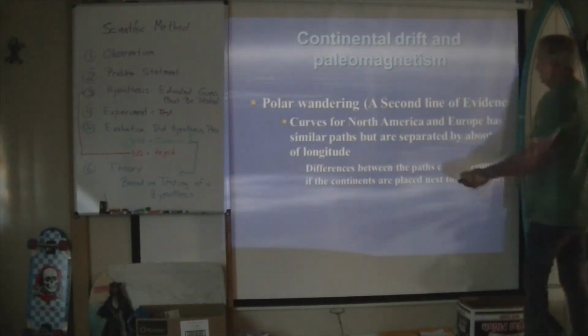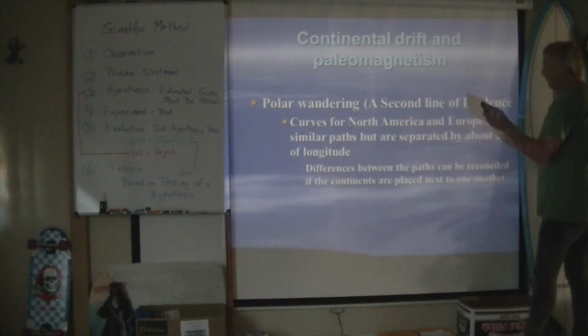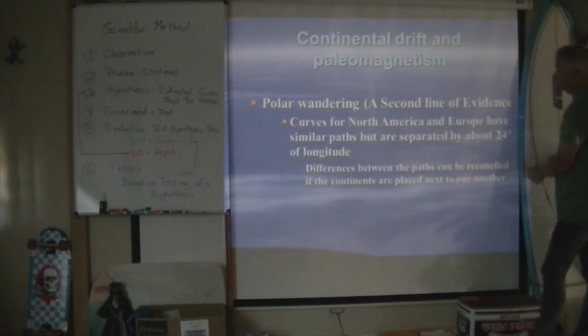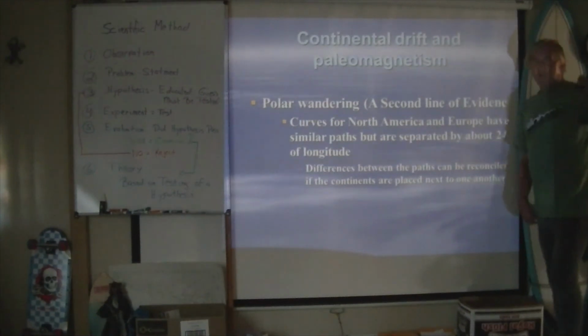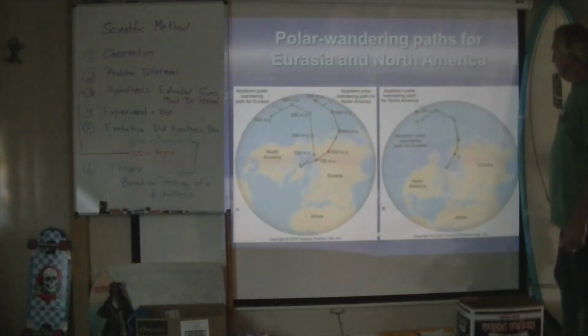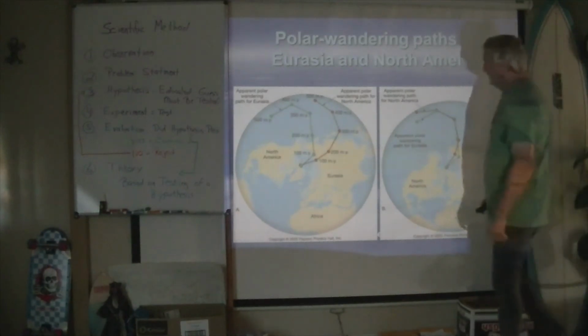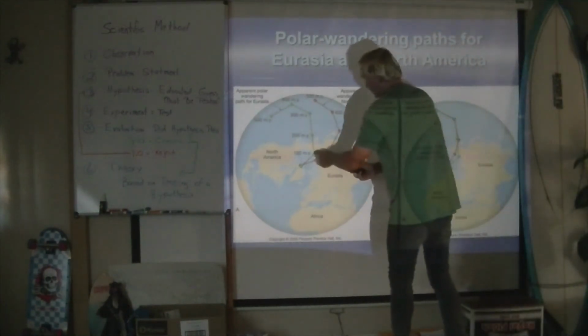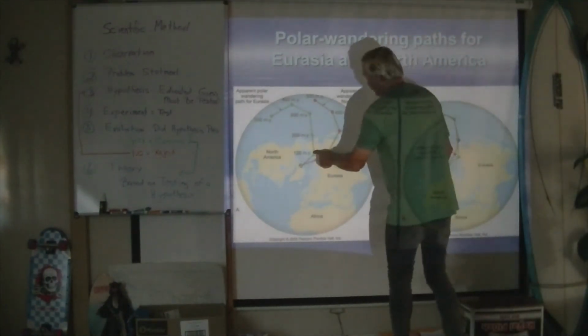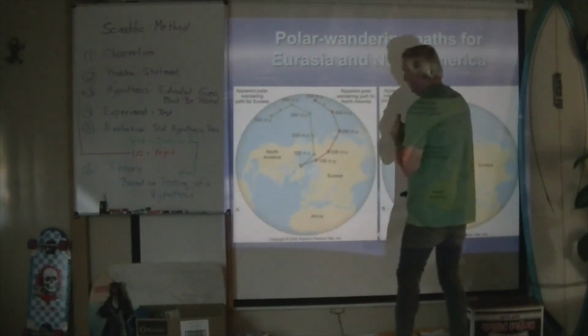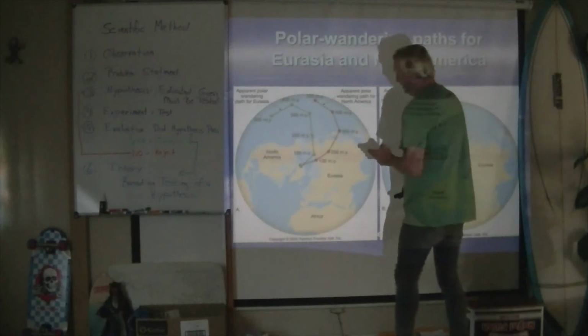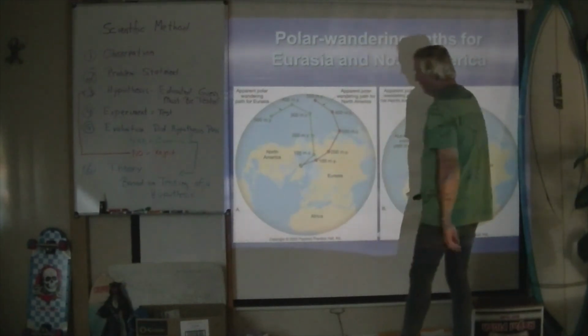The curves for North America and Europe have different but similar paths. They were separated by 24 degrees latitude, and how could you get rid of that 24 degrees of latitude? So here, this basically shows when you look at magnetized rocks, this is where the North Pole was 100 million years ago, according to the North American plate, and this is where it was in the Eurasian plate.